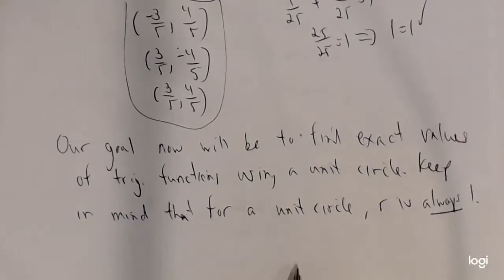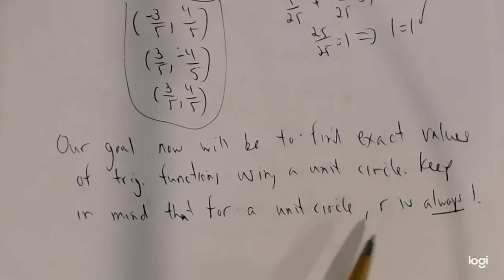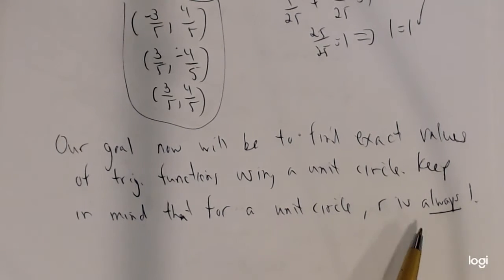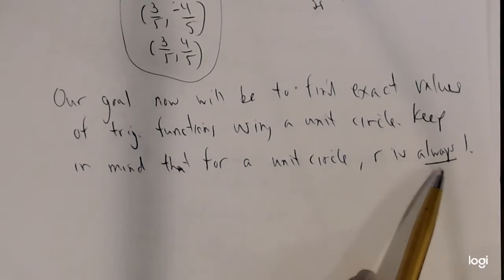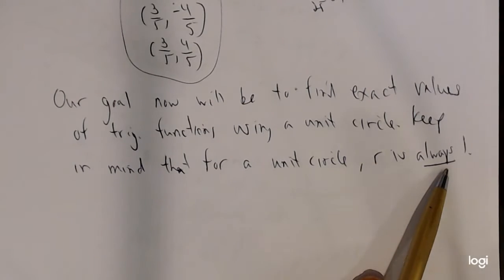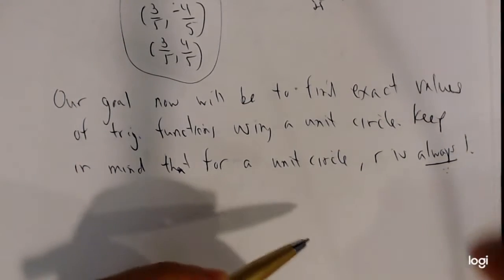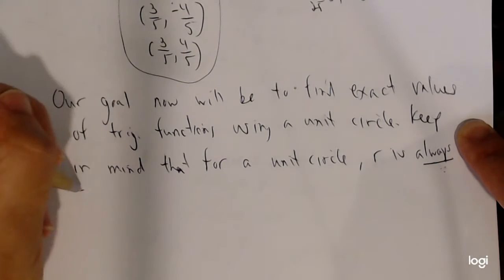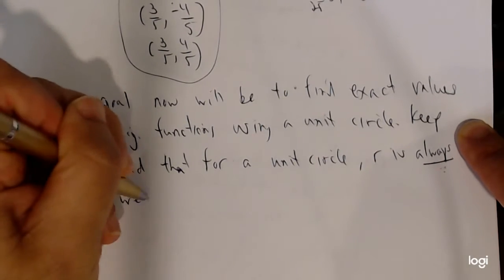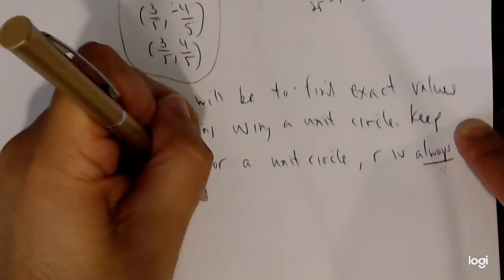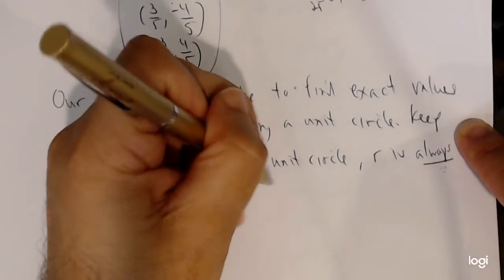So remember, we're going to identify the x, y, and r. Now, why is r always 1? It's because it's a unit circle. Its radius is 1. So r is going to be 1. So when we find the x, y, and r, we know that our r is always 1. So we have to work backwards. Since we have r is 1, we need to find x and y. So, in other words, we will use r to help find x and y.